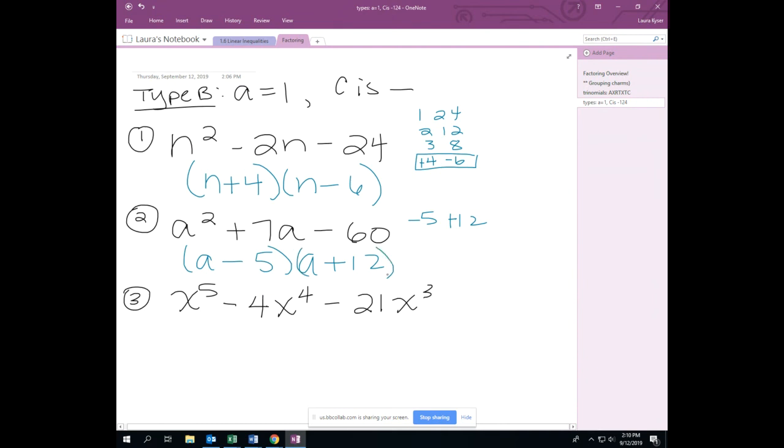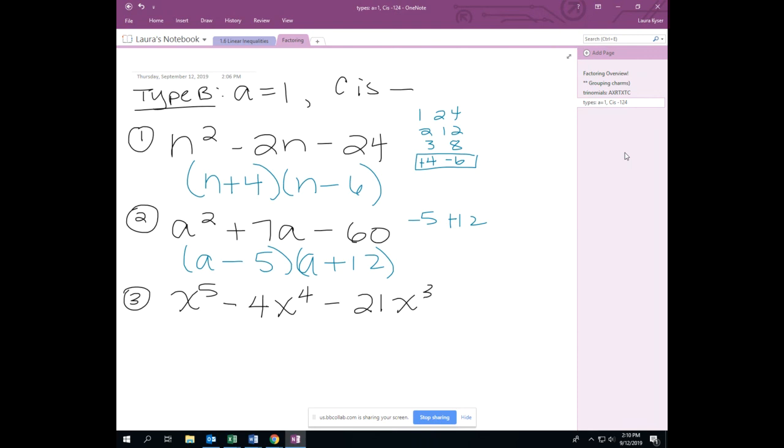Oh, better put some parentheses in there. And then this last guy here, he doesn't look right, because in this last guy, we start off with an x to the 5th, and that's no good. We're supposed to start off with an x squared. But if you look at each term, you should notice that each term contains an x cubed, which means we have a GCF.